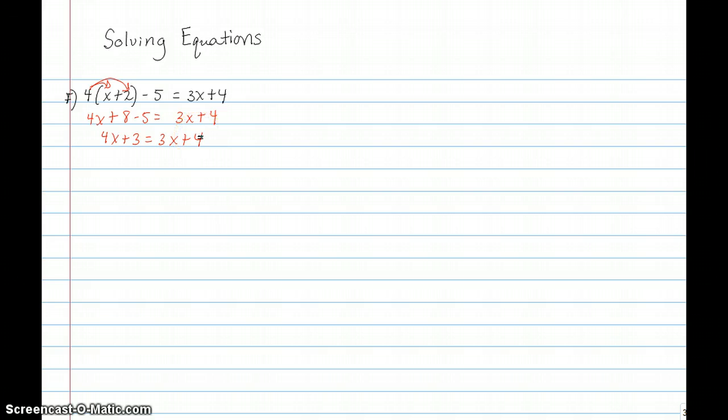Then we collect variables on the same side, attempting to keep the coefficient positive, so it's going to be better if we subtract 3x from both sides. And we'll end up with x plus 3 equaling 4. And then it's just a matter of solving using the properties of equality. We're going to subtract 3 from both sides, and x is going to equal 1.